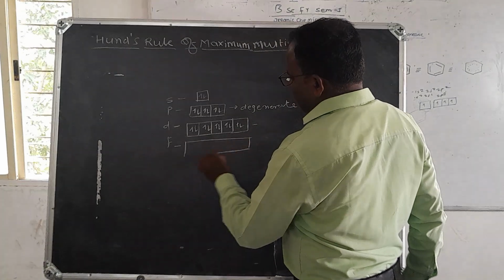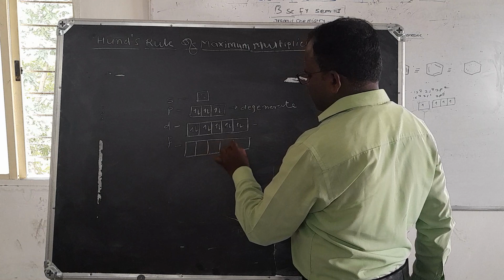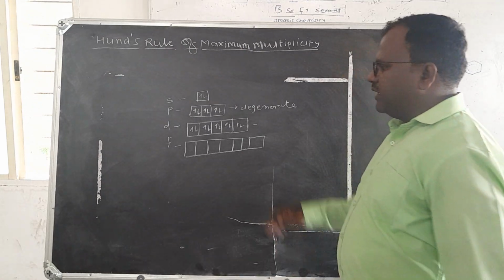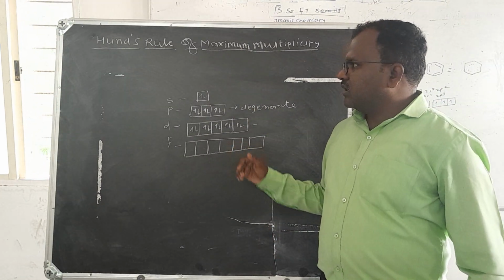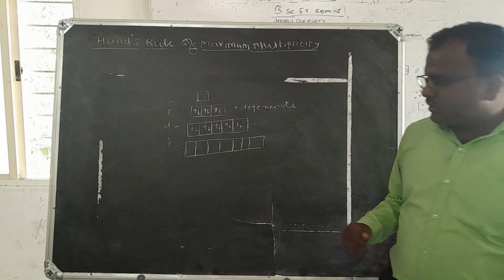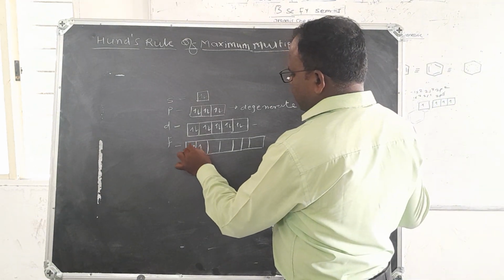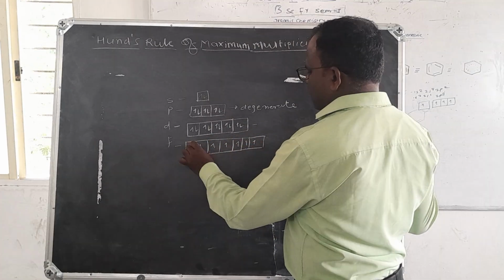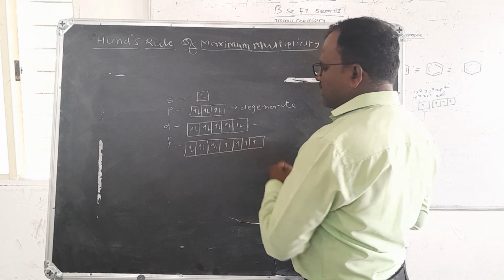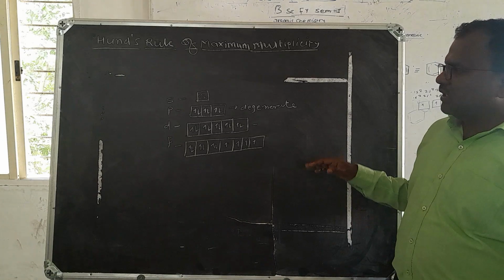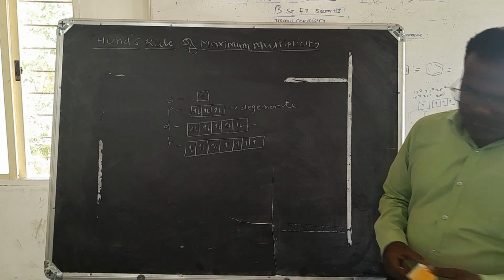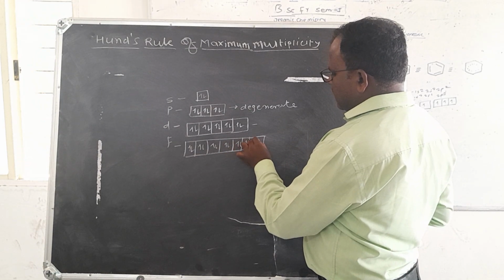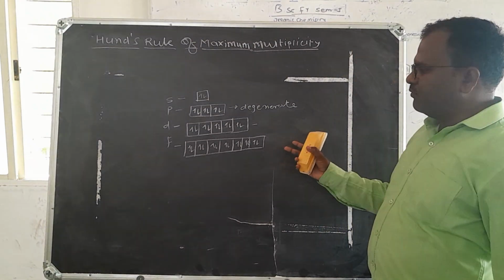Then the f orbitals: like this, the electrons are filled in each orbital. Like this, we continuously fill up the orbitals. For example, these are the degenerate orbitals, with a total of 7 unpaired electrons. After pairing, 14 electrons are present.